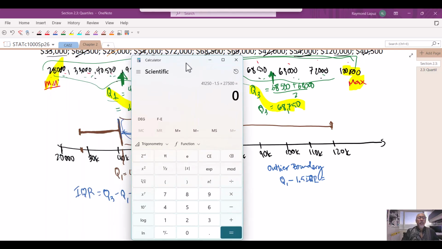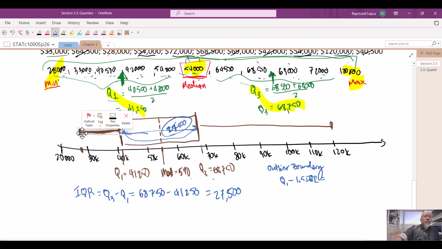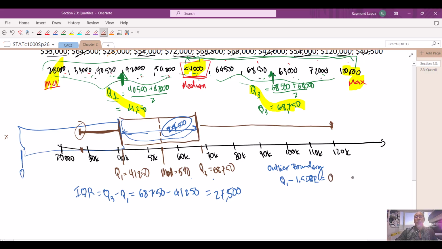So what this is saying, at least with this graph, is that if I were to take that stretched piece and put it at the end and stretch it out by 1.5, I'll eventually get to 0. And clearly the last number I have for my data set is the minimum, which is 28,000, and it's not beyond 0. So there's nothing over there.